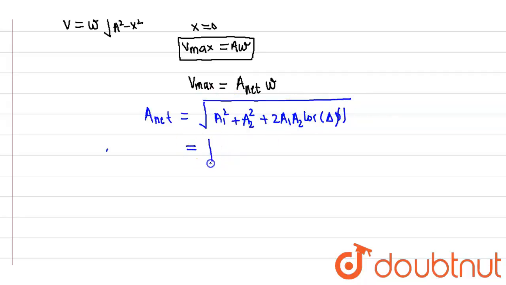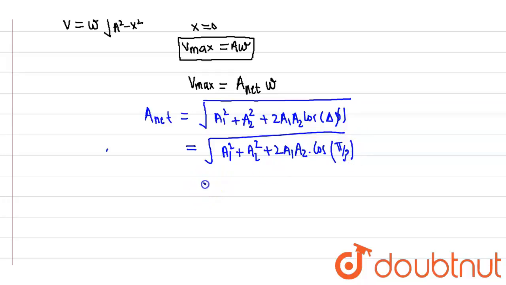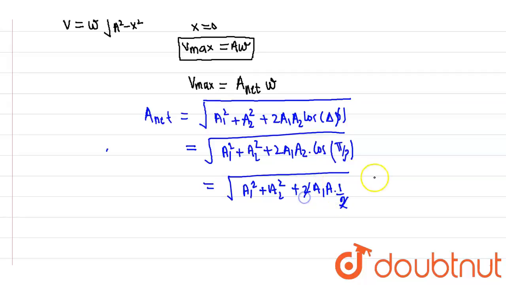Since del phi is pi by 3 and cos pi by 3 is 1 by 2, that comes out to be root a1 square plus a2 square plus 2 a1 a2 into 1 by 2. The 2 cancels out, and the net amplitude comes out to be root a1 square plus a2 square plus a1 a2.